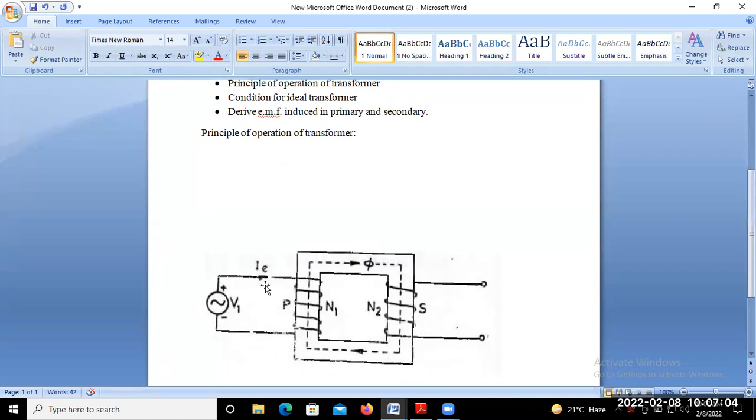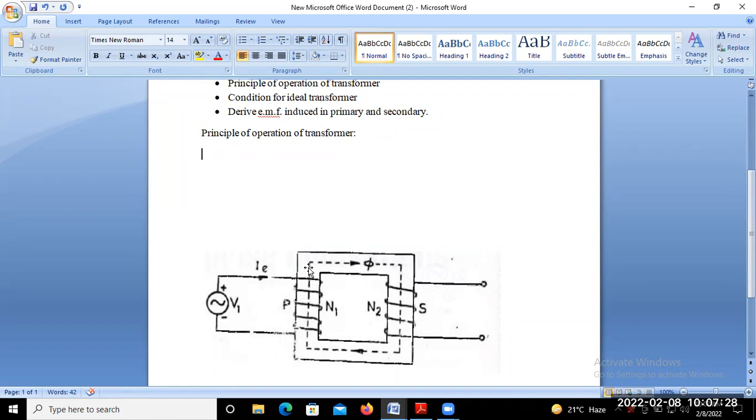So when supply is given to the primary winding, an exciting current is drawn from the supply. That exciting current produces flux in the primary coil, and due to that changing flux, EMF will be induced in the primary coil.